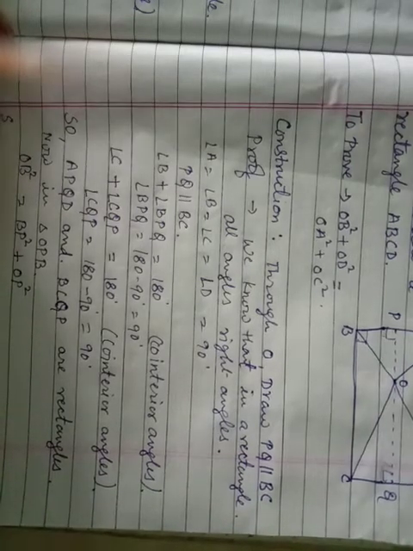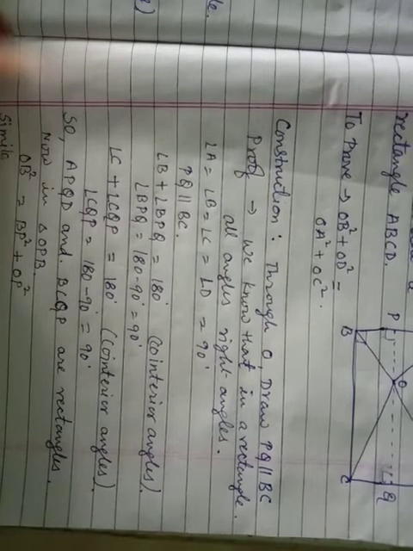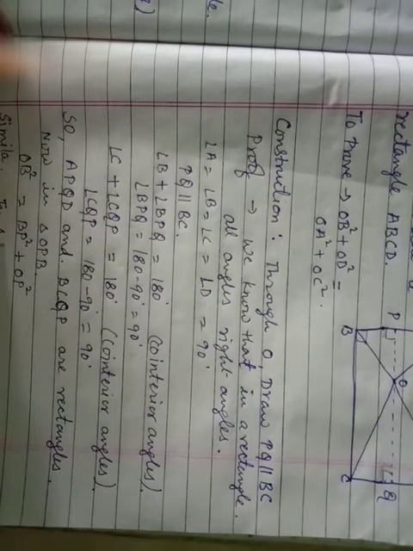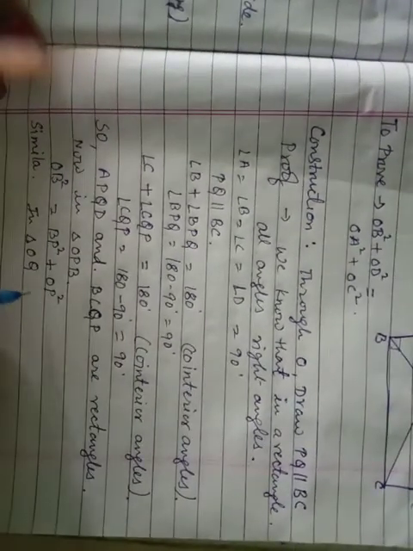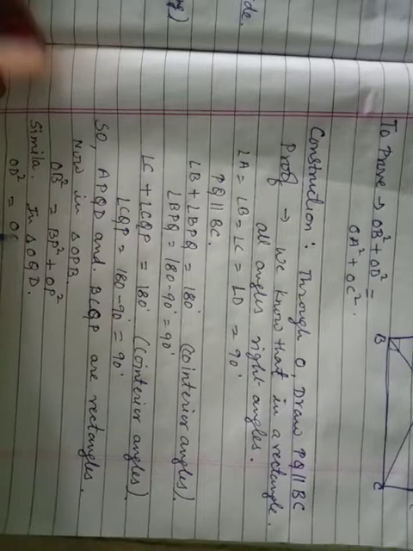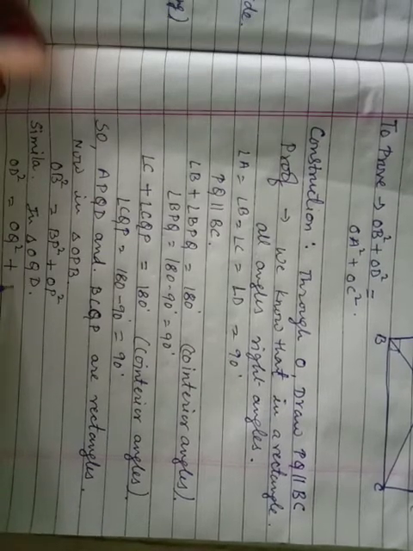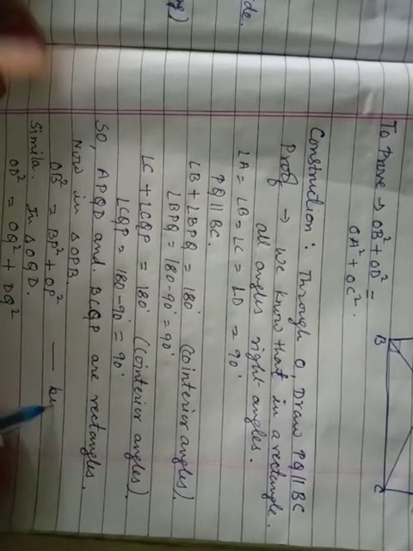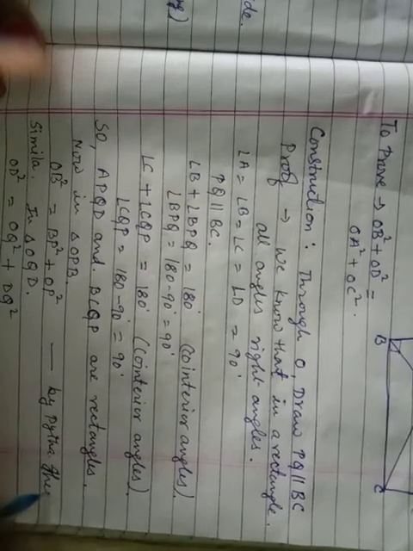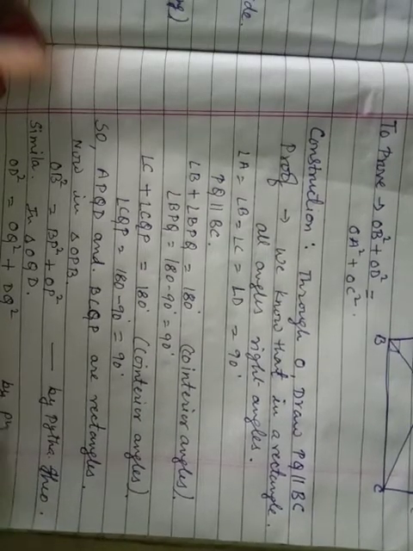Now similarly you can say that in triangle OQD, OD square is equal to OQ square plus DQ square by Pythagoras theorem, and here also by Pythagoras theorem.